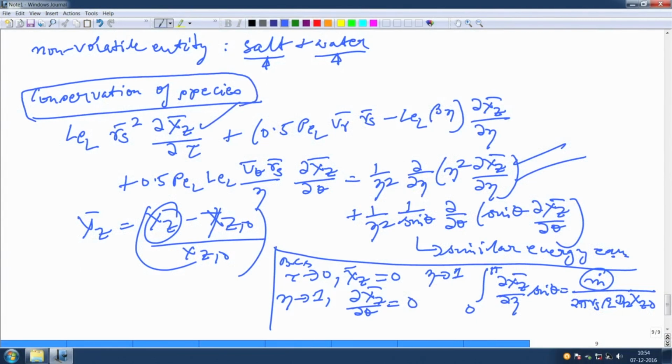For N number of species you have to write it for the other species components also, and you have to know the diffusion of one species into another. So, it becomes a multi component diffusion problem, which is similar to what happens in a multi component fuel droplet.